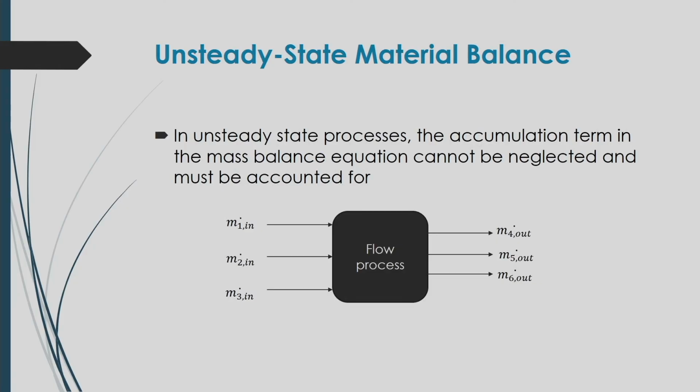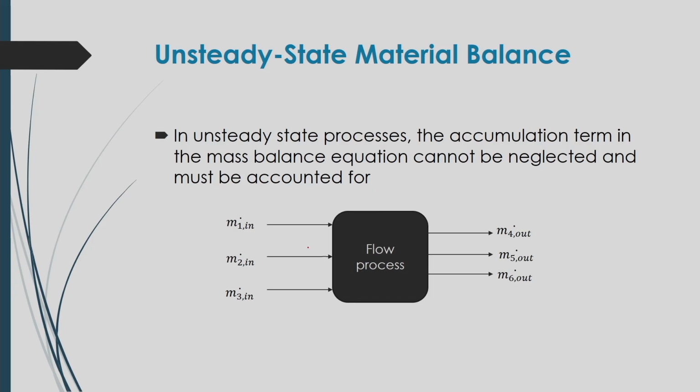Whereas in an unsteady state process, the input rate and output rate will not be the same. So some amount of material will be deposited or accumulated in the system with respect to time. That is called accumulation, and in that case you cannot neglect accumulation.